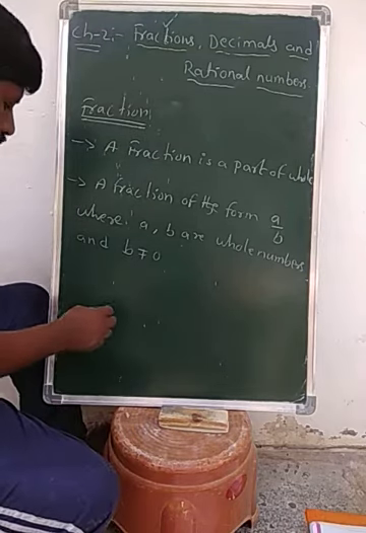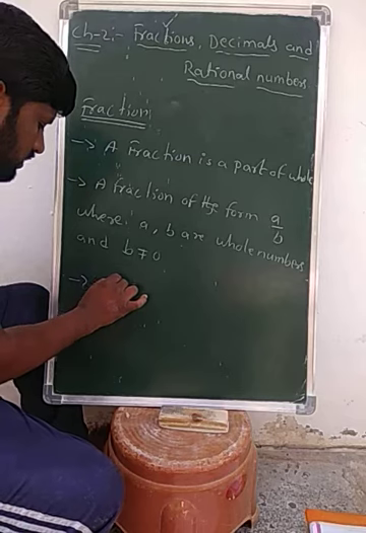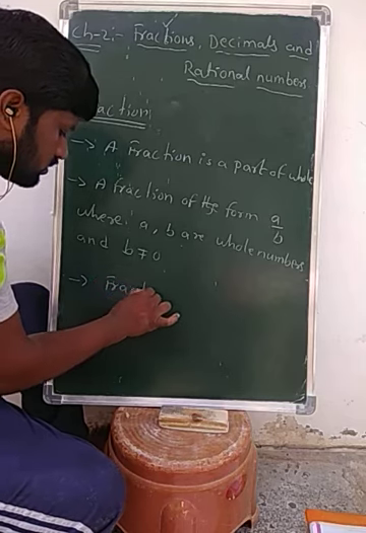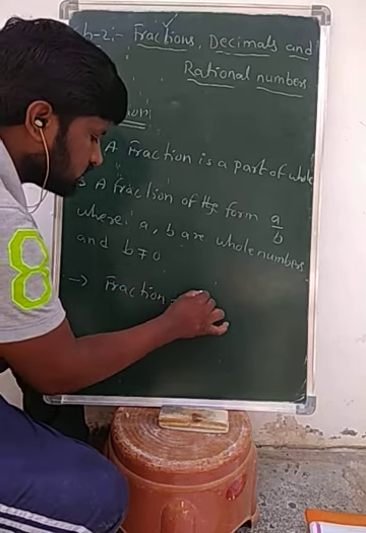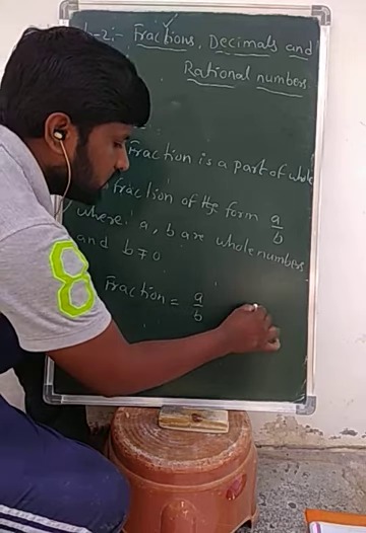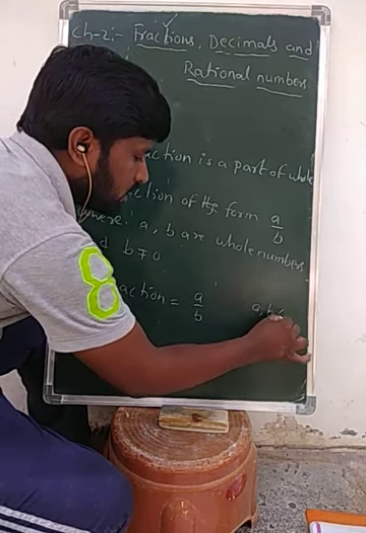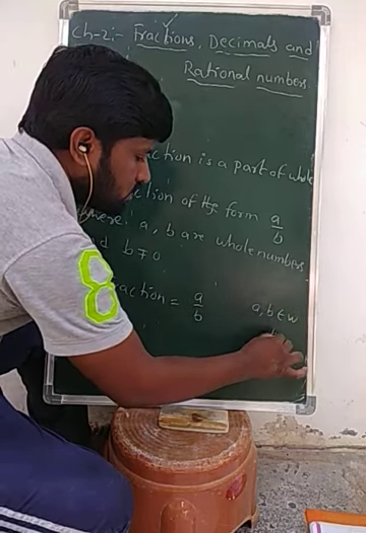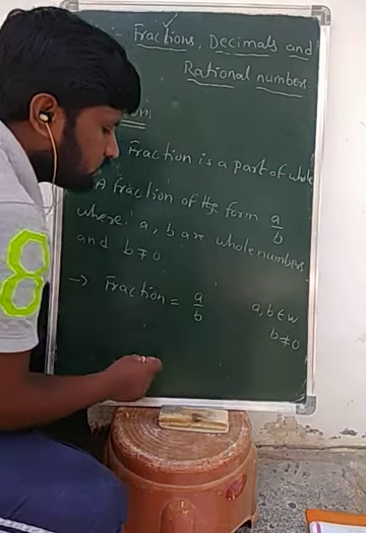For example, a fraction is equal to the form a by b. Clearly a, b belong to whole numbers. b is not equal to 0.